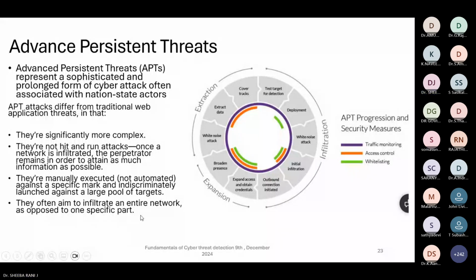Earlier we saw a small code just corrupting something, but here it is an entire network. This is very important because it corrupts the entire network and makes the network get into deadlock.